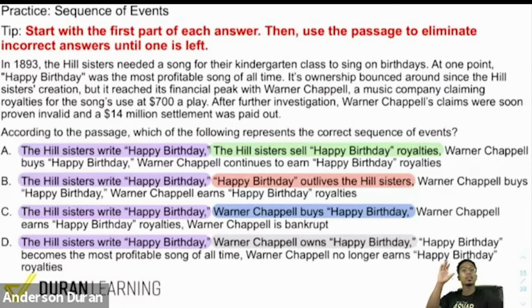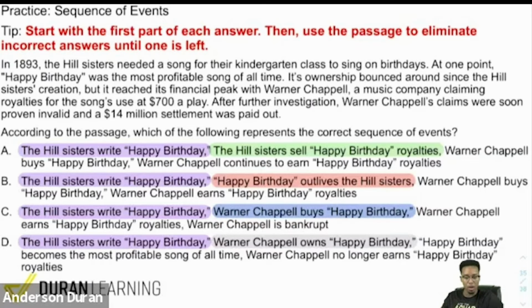Tell me if you see that, yes or no. We can find the correct answer a lot faster. So our focus is, did the Hill Sisters sell happy birthday? Did happy birthday outlive the Hill Sisters, basically, did they die before all that stuff? Warner Chappell, did he buy happy birthday?